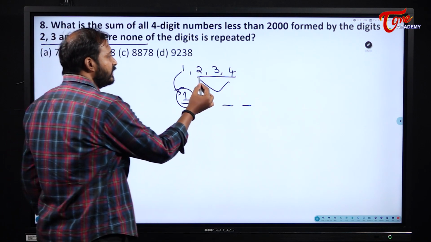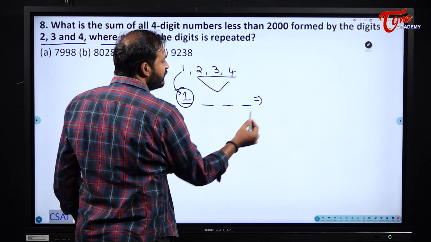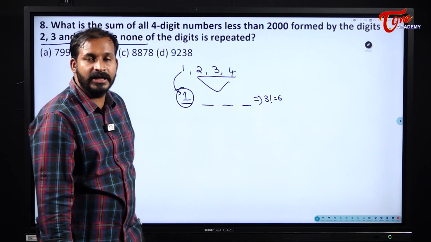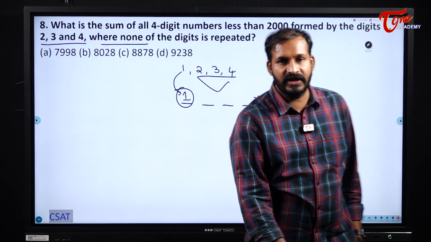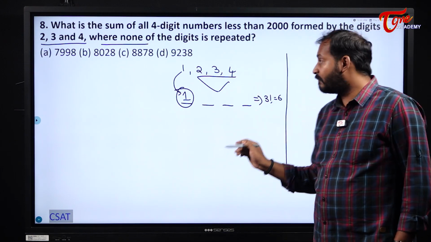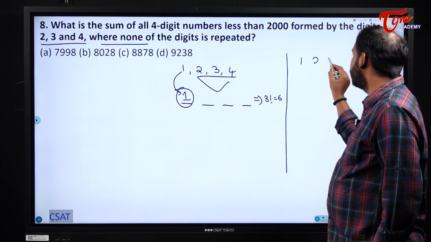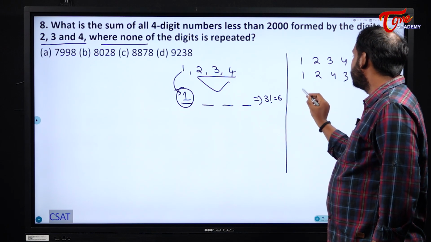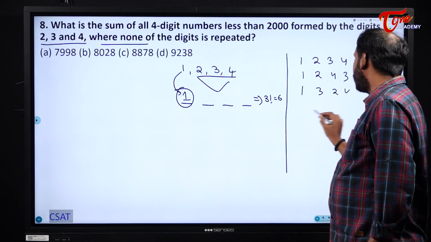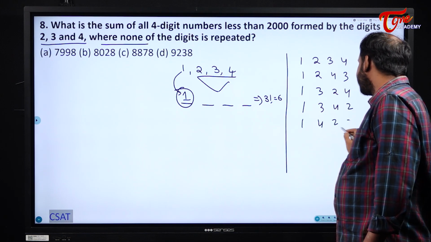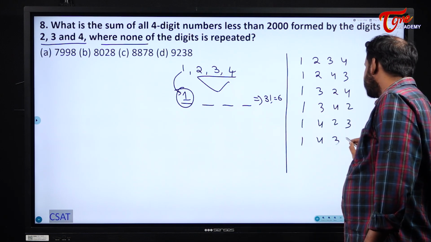These 3 digits can be arranged in how many ways? 3 factorial ways, which equals 6 different ways. That means 6 different numbers can be formed. To get the idea, we will write them out: 1234, 1243, 1324, 1342, 1423, 1432.